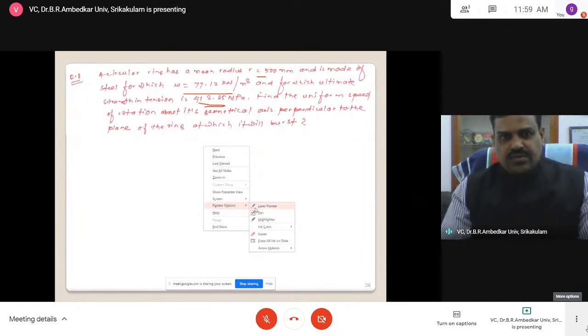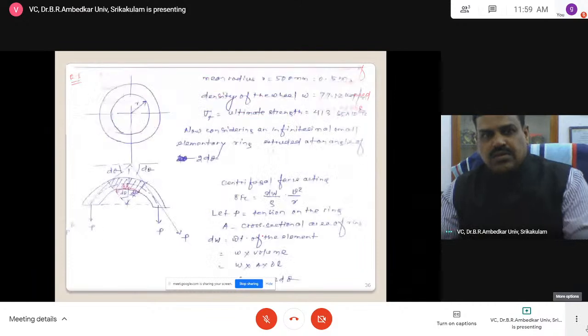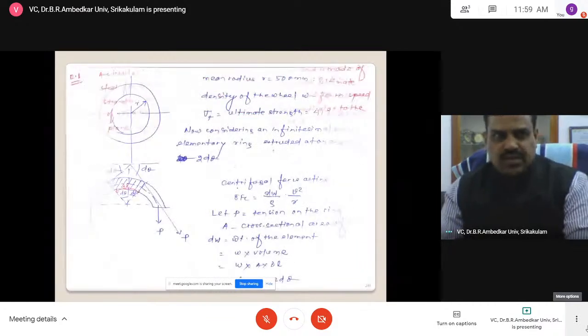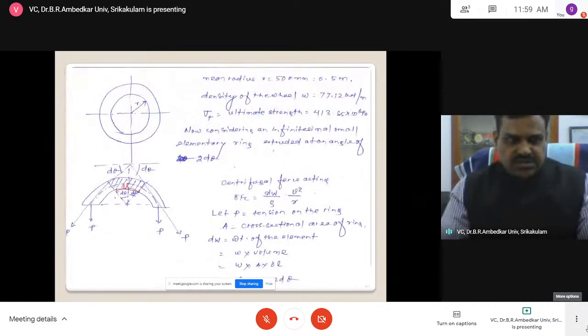So now what we have to do is consider a circular ring. This is the circular ring. Cross section with respect to this is d theta, like this. This is the section, and this d theta is substituted here. Find out the small centrifugal force acting, that is mass into velocity square.